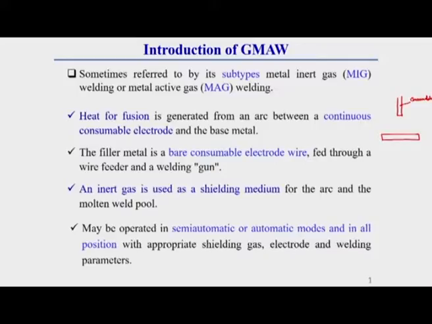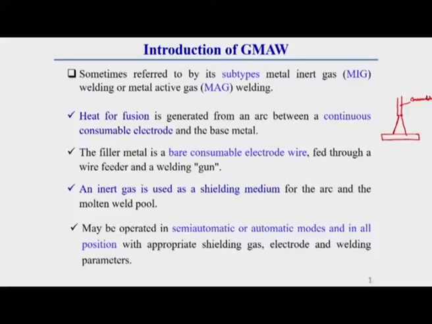Consumable means it is continuously fed by a wire feeding mechanism, it melts and is deposited, and it also generates the arc and conducts the current for the welding operation.